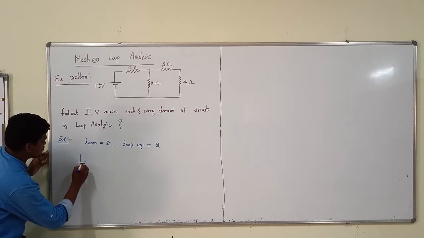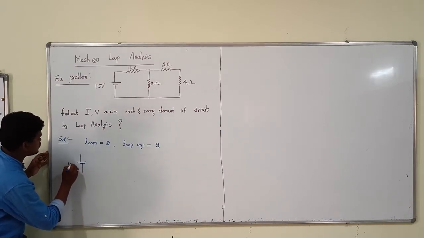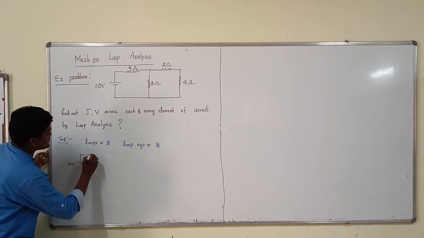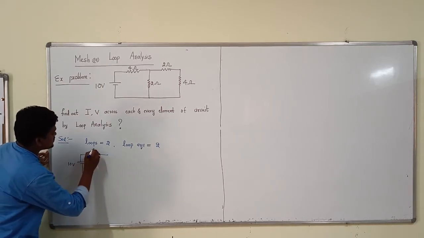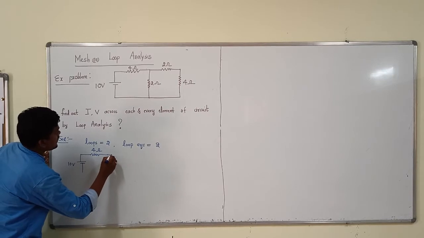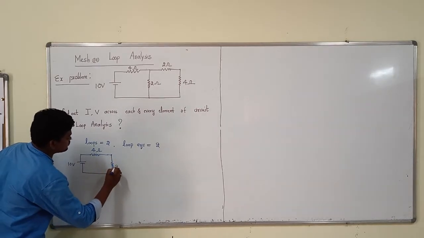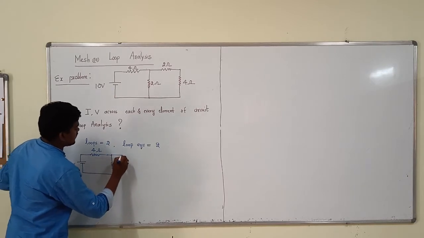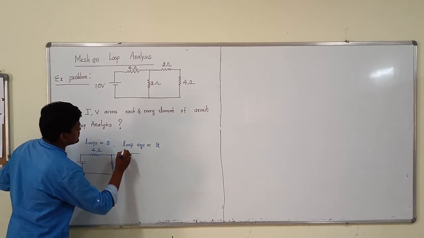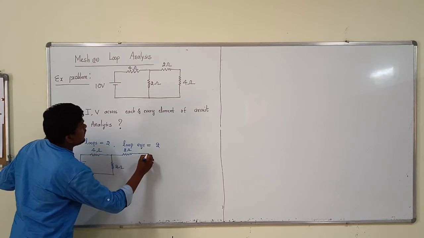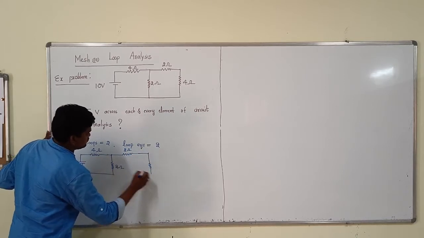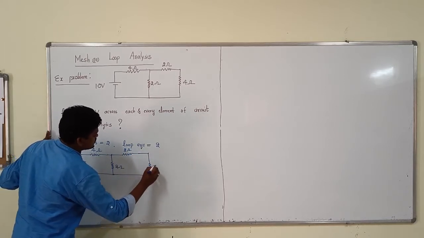So first you have to redraw the circuit. This is the 10 volt source in series connection with the 4 ohm resistor, and it has a parallel connection with the 2 ohm resistor, and again we have a 2 ohm resistor and a 4 ohm resistor.